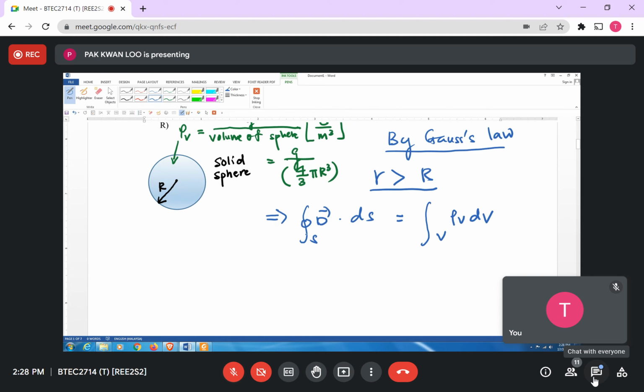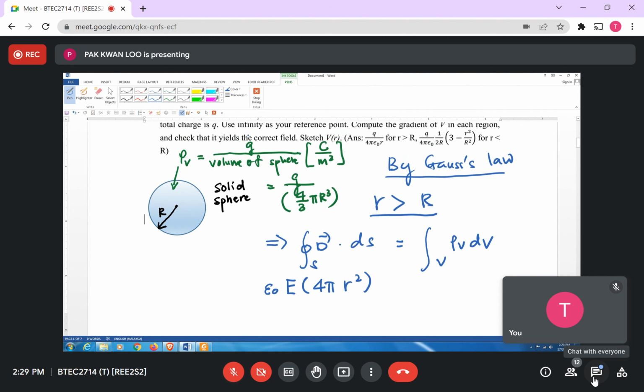We already know the charge distribution is symmetrical, so the Gaussian surface that we apply is also a sphere, a Gaussian spherical surface. Therefore the electric field will be perpendicular to each point of the surface. So we can straight away write this as, okay, the r squared here, the r represents the Gaussian surface. Maybe I should include it in the diagram.